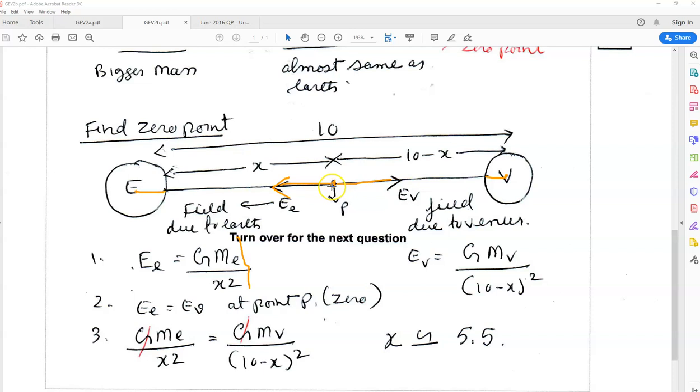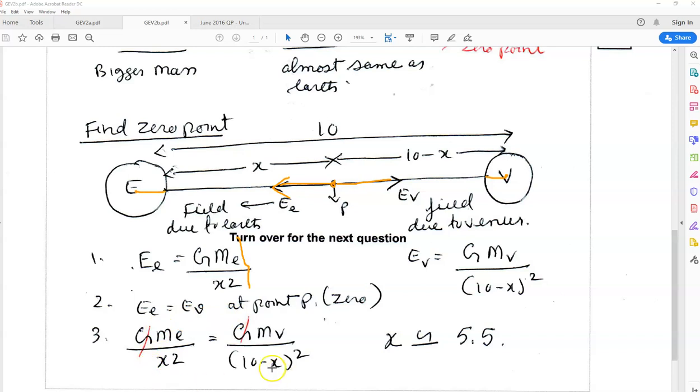Now if this point has to have a net field of 0, then these two values must be the same. So E_E must be equal to E_V at point P. If you substitute, G M_E by x square is equal to G M_V divided by (10 minus x) square, and G will cancel away.